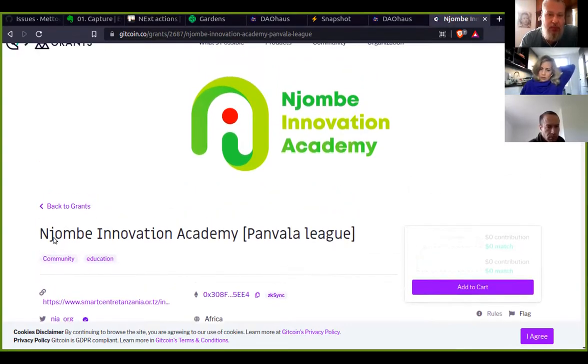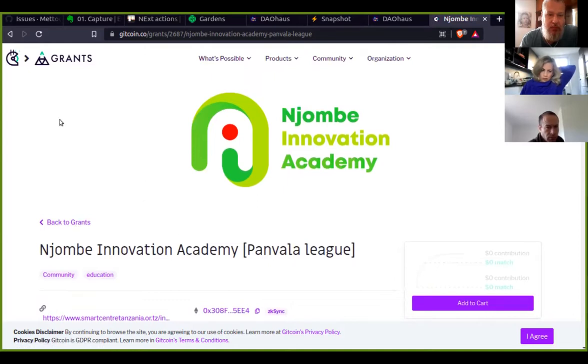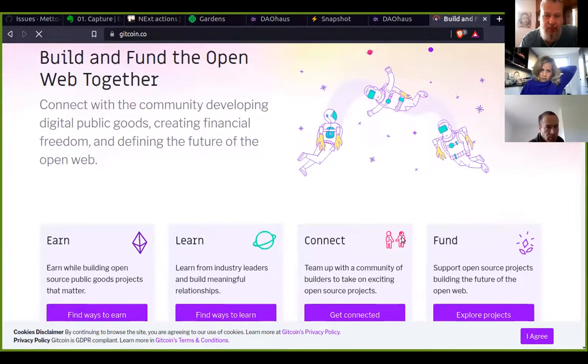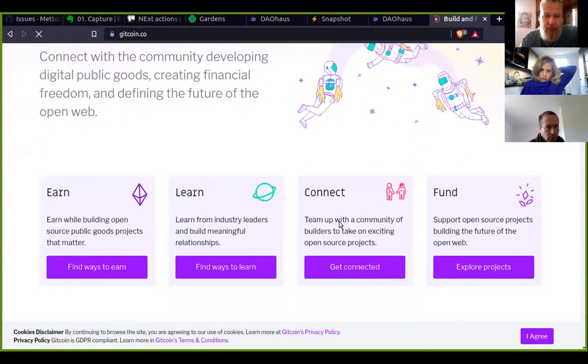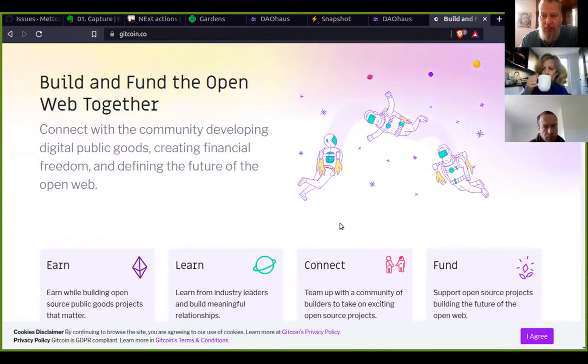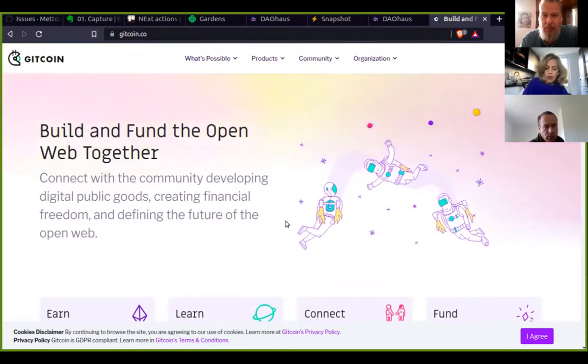Gitcoin grants is part of Gitcoin, but Gitcoin does many other things, like organizing hackathons, and there are many things you can learn and connect. So they gave governance tokens to participants, and they can choose what to do with Gitcoin in the future. I did not participate in the governance. I was delegating my voting power.